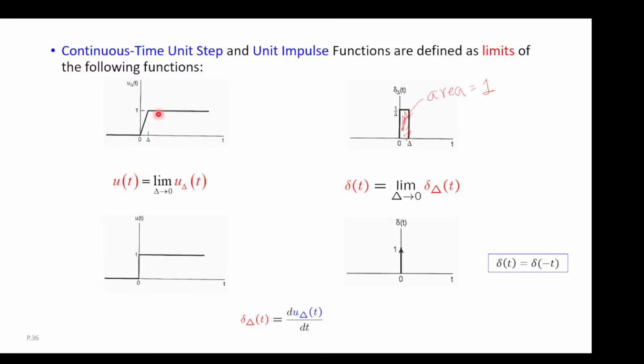Now we are going a bit hand wavy. The feeling you should get is that as triangle gets closer to 0, the slope gets closer to a vertical line. So u of t is the limit as triangle goes to 0 of u sub triangle, and it will look like this.